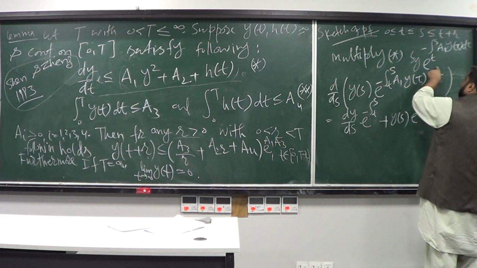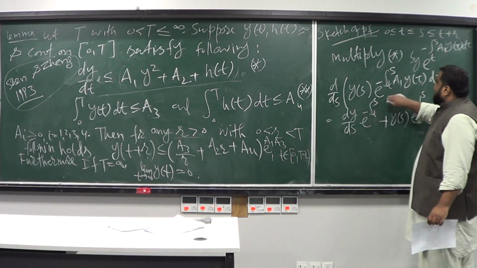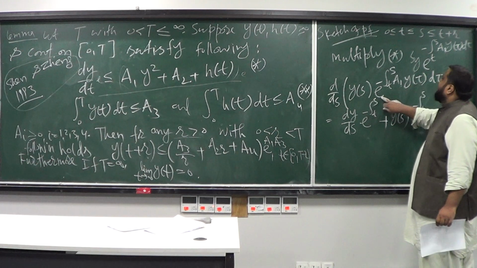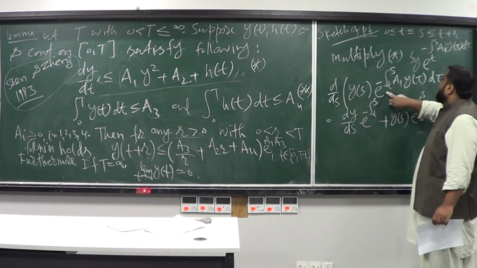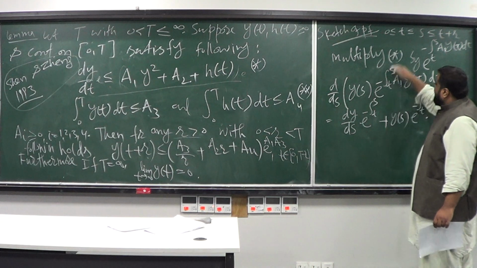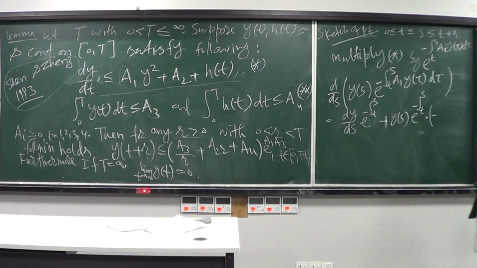And what would be the s derivative of this integral? You know, really by the fundamental theorem of calculus or your Leibniz formula. So if you have the exponential of the integral and you're differentiating with respect to s, then this integral will go away and you're going to get negative.